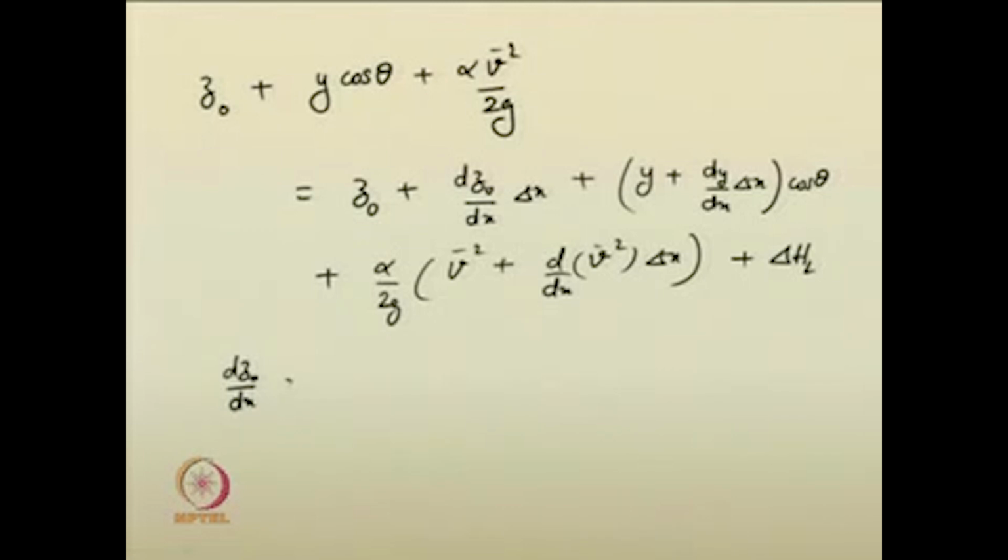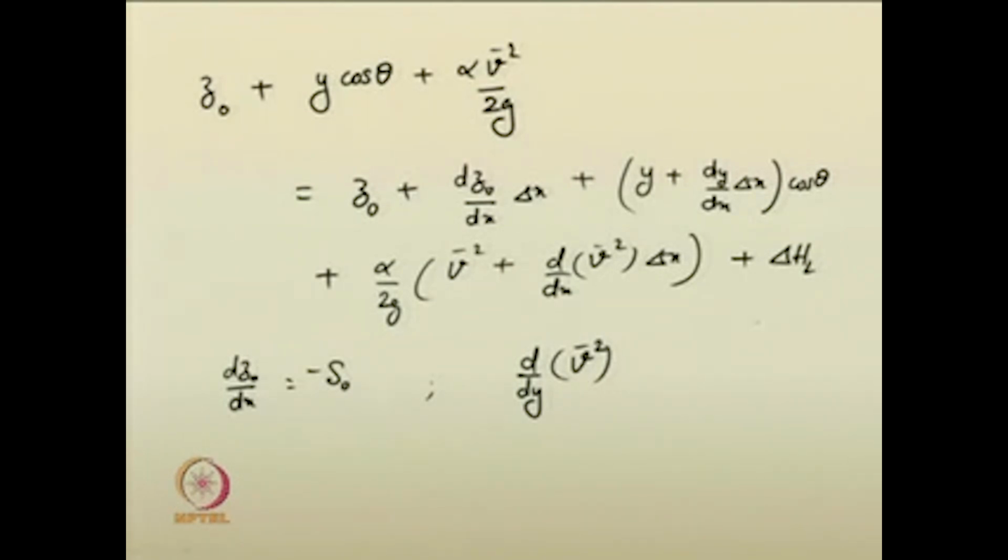dz0 by dx is nothing but the bed slope, S0. I had to give it a minus because it is decreasing. The elevation, the value of z0, is decreasing. Also, the quantity d by dy of V squared, what will this be?